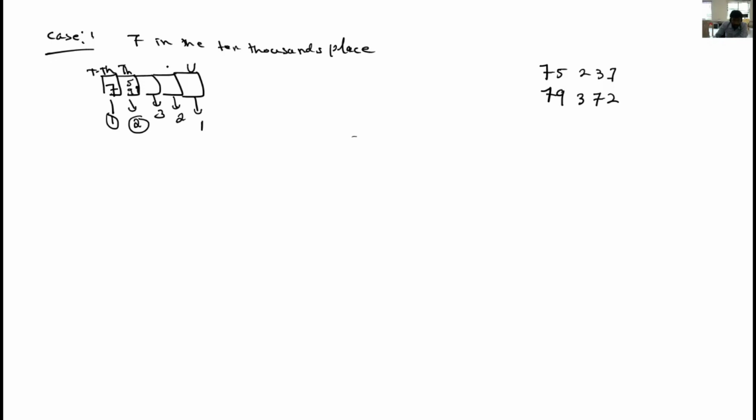So you need to place the tens place, hundreds place: 3 possibilities, thousands place: 2 possibilities, and the last place only 1 possibility. Clear? If you fix 7 in the 10,000s place, then you need to get a number greater than 75,000. For the thousands place you can use 5 or you can use 9.